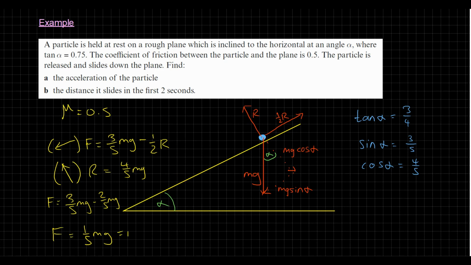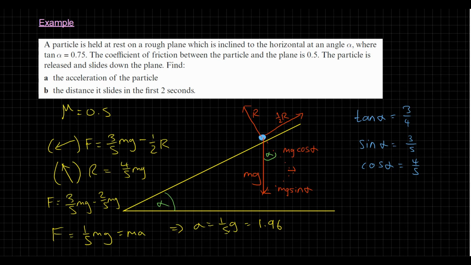Because this is equal to m times acceleration. So that implies acceleration equals 1/5 g. Perfect. And in fact, that would be then what, 9.8 divided by 5, 1.96. Okay, that's our acceleration. So that answers part A.